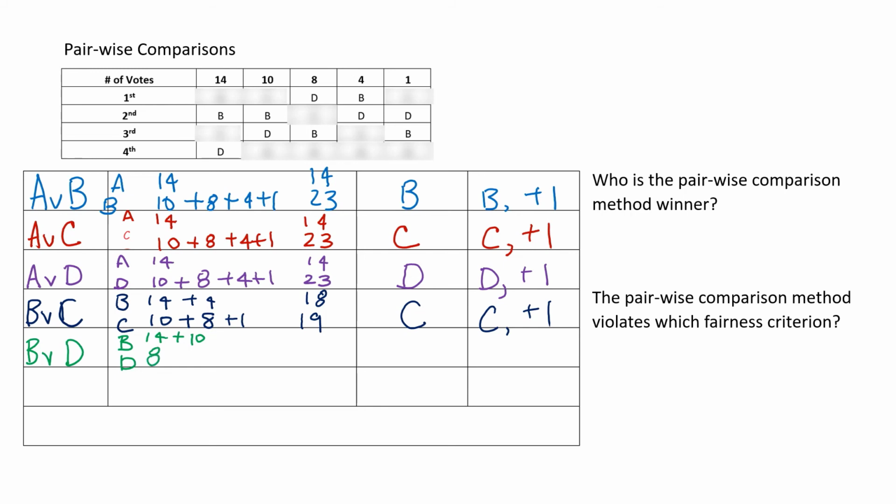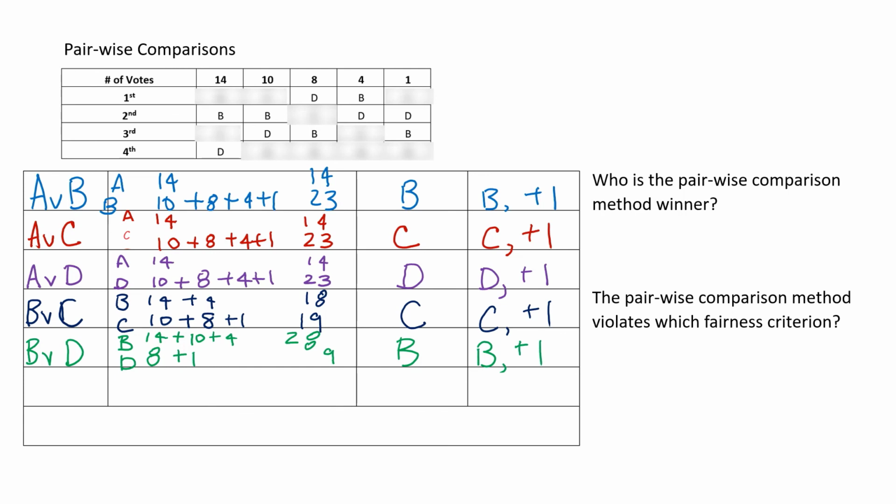On the fourth, B is in first place. So from the fourth ballot, B gets 4. And on the last one, D is ahead of B. So D gets the 1 point. Then the count becomes 28 to 9. And so here B wins, and B gets the point.